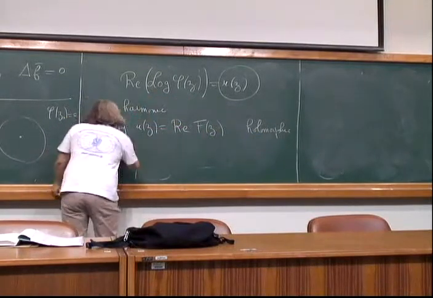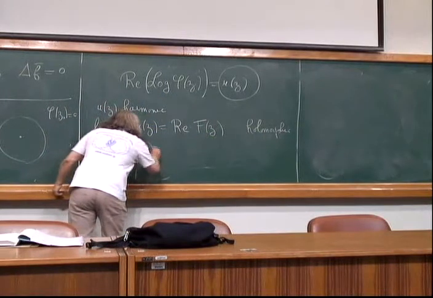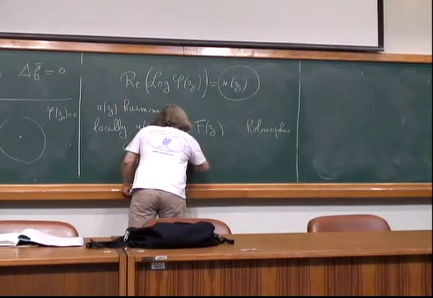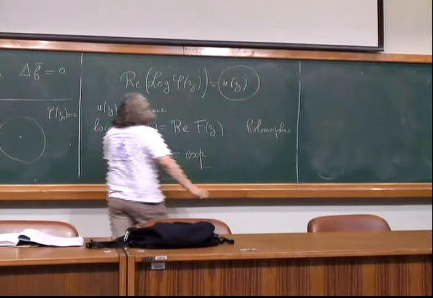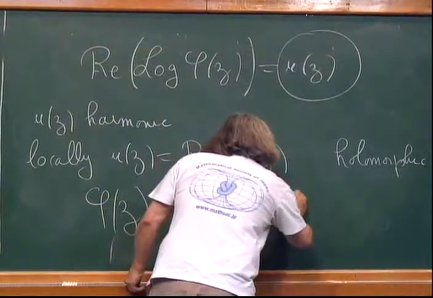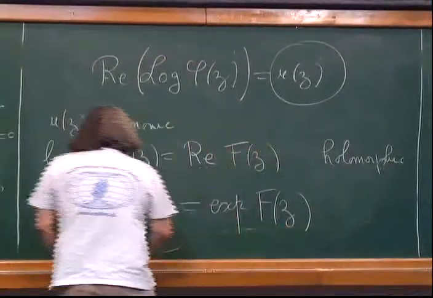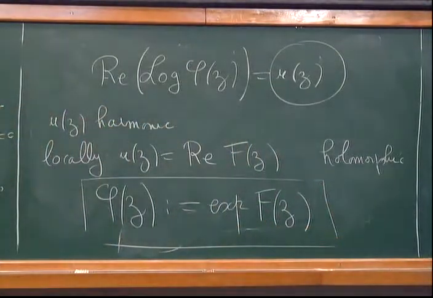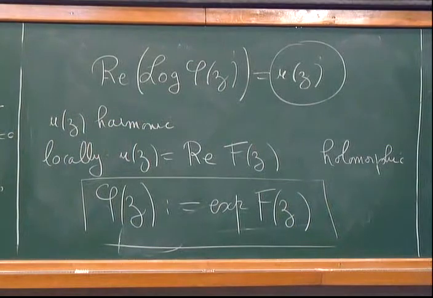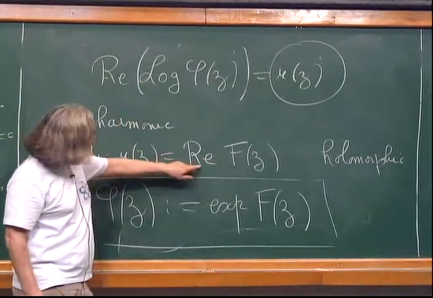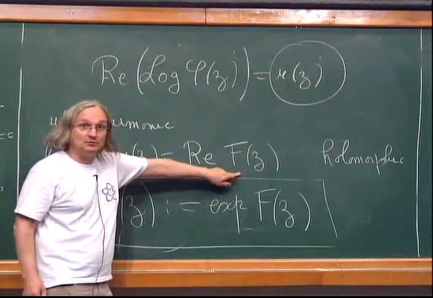So I define phi of z, by definition, to be the exponential of f of z. So you may complain that the function f of z is not really well defined, because I said a harmonic function is locally the real part of a holomorphic function.